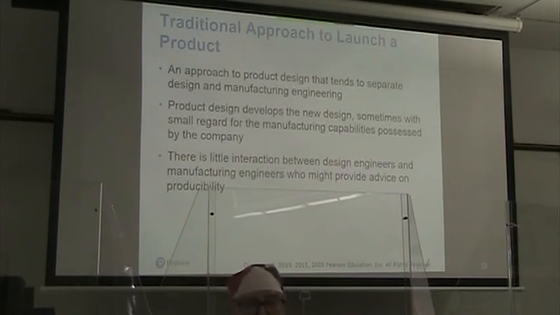All right, so our traditional approach separates our design and manufacturing engineering. That product design group develops the new design, and a lot of times they pay no attention to our manufacturing capability or sometimes even common sense.